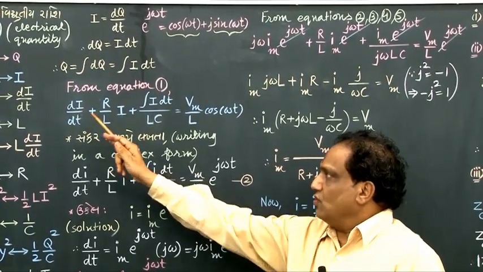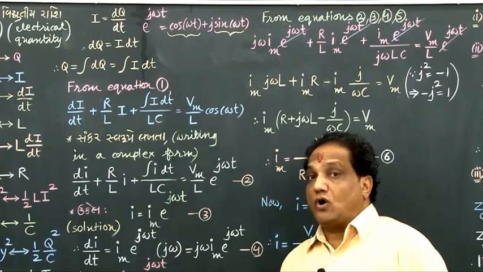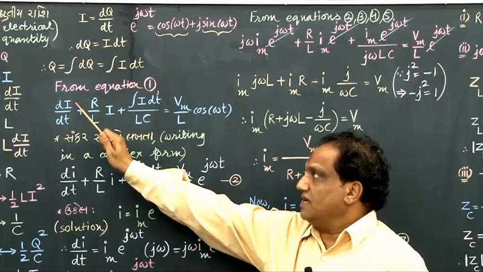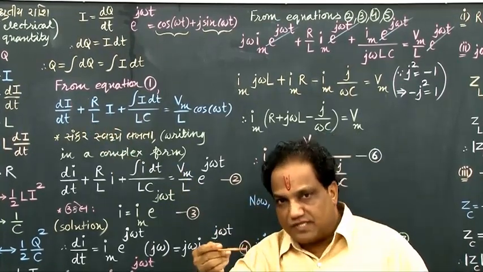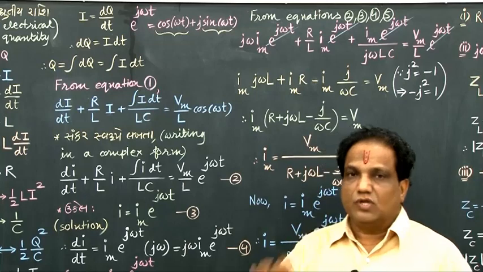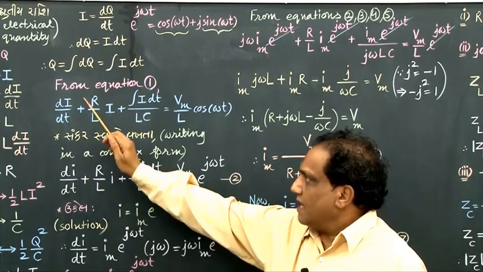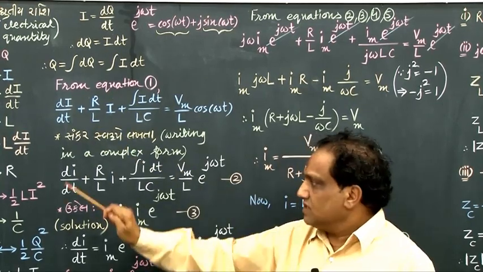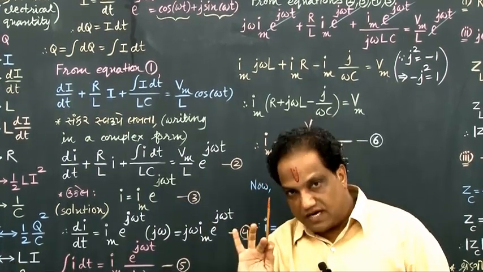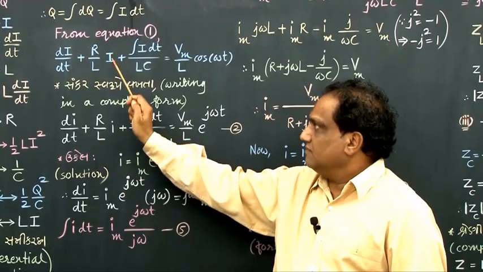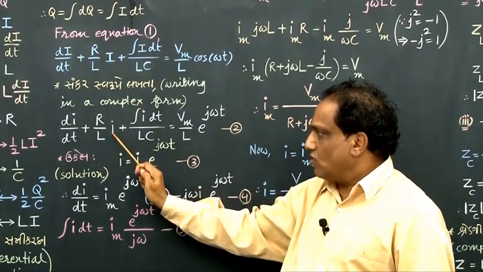Now, if you want to write this equation in a complex form, what should you do? Wherever it is real current, you should replace it by complex current. Complex current is shown by the symbol small i. Capital I means real current, small i means complex current. So wherever it is capital I, you can just write small i. Here also, in place of capital I, write small i.